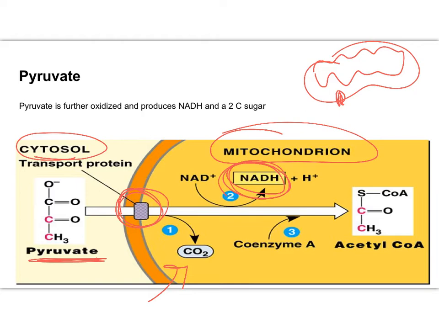The NAD plus got reduced. It's gaining an electron. So the pyruvate was oxidized. So now I end up with a 2-carbon molecule. Remember, pyruvate, you can see it over here, 3 carbons. Okay, CO2 is released. Okay, I get this 2-carbon molecule called acetyl-CoA.